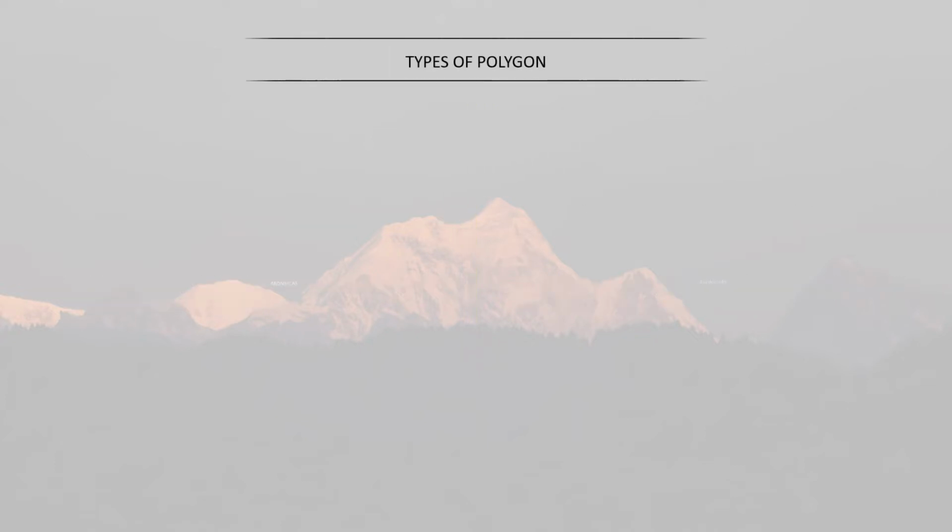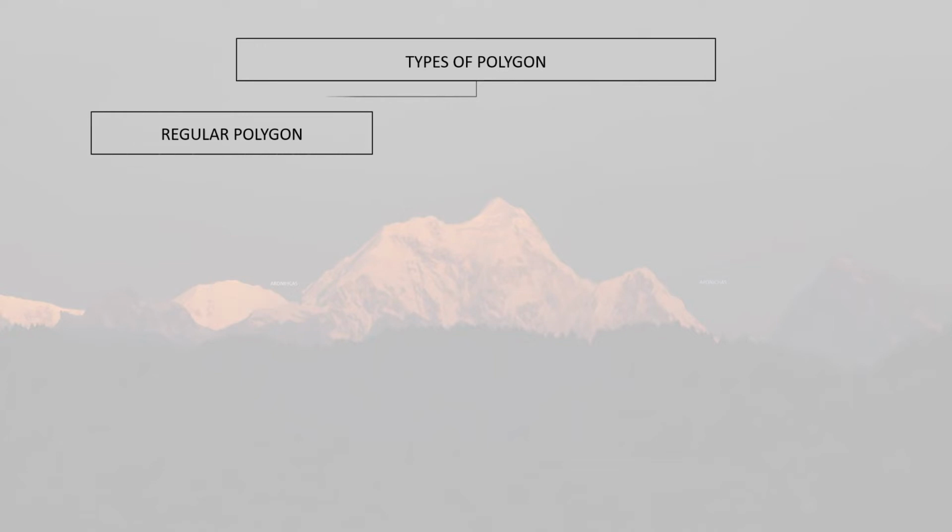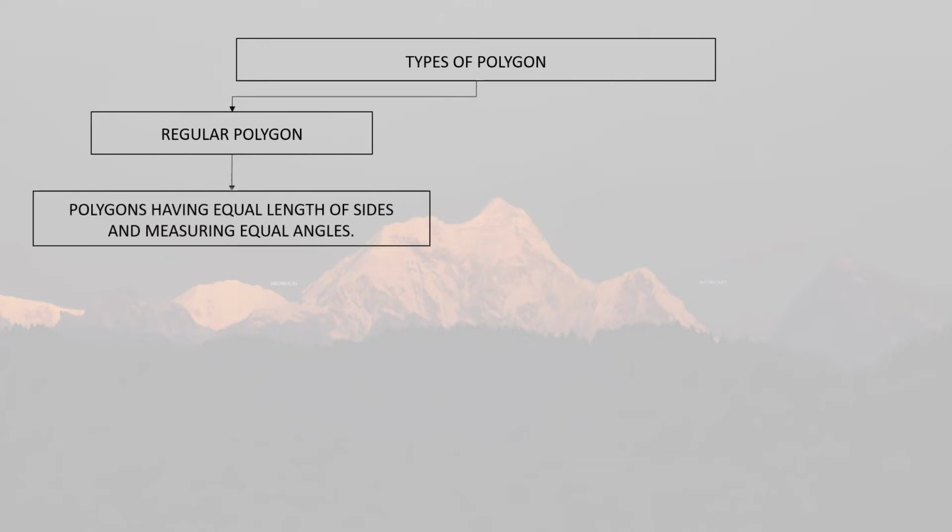There is yet another type of polygon on the basis of the measurement of the sides and of each angle. The first type is a regular polygon. Now what are regular polygons? They have equal side lengths and equal interior angles. For example, here we have a square where all the sides are equal and each angle is 90 degrees.